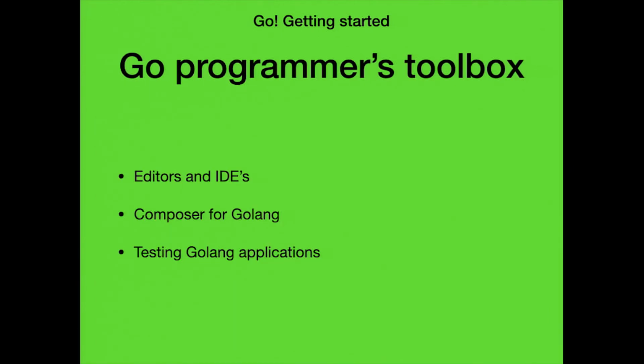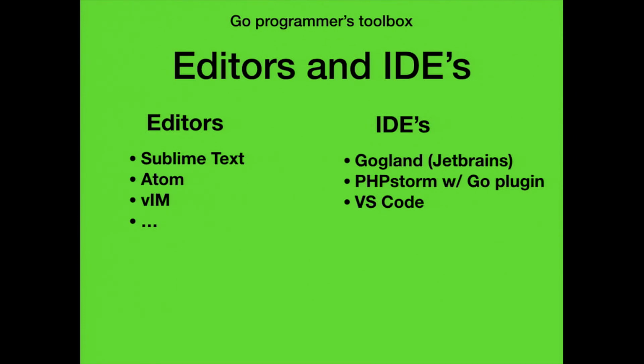Some tools to use. What's a common toolbox? Editors and IDEs, Composer for Golang, and testing Golang applications. The editors and IDEs are, especially editors, pick your favorite. They have plugins readily available. My personal favorite is GoLand, the Golang IDE, which is part of the JetBrains family.